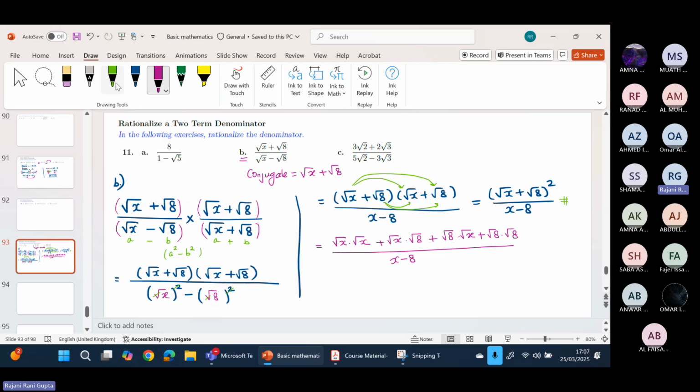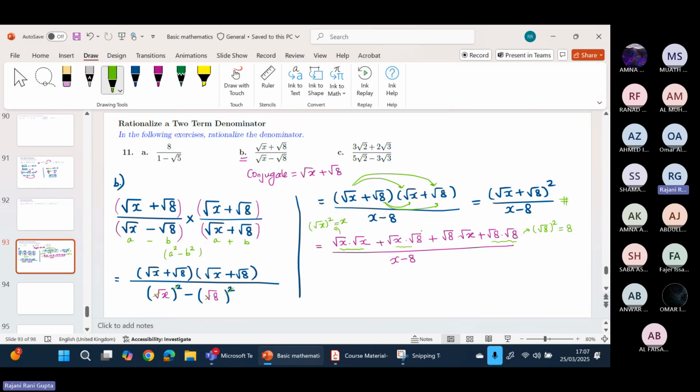Now if you see root x, this term. This gives you root x power 2, which is nothing but x. Same, this term. Root 8 power 2, that is 8. Okay?